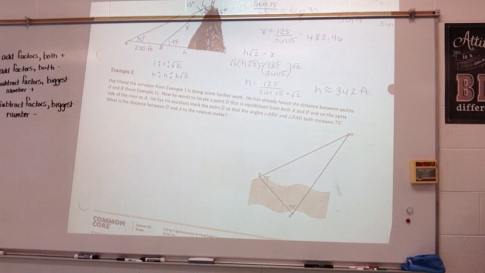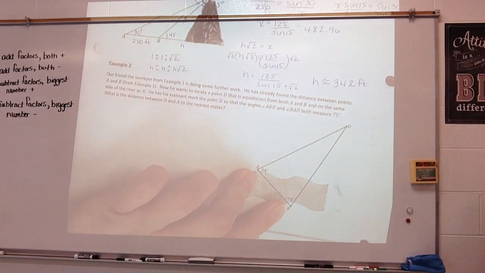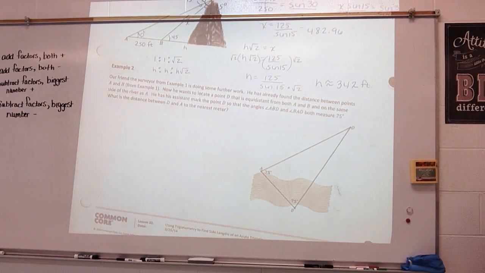Now he wants to locate a point D that is equidistant from points A and B on the same side of the river as A. He has his assistant mark the point D so that angle ABD and angle BAD both measure 75 degrees, which they've already marked. What is the distance between D and A to the nearest meter?